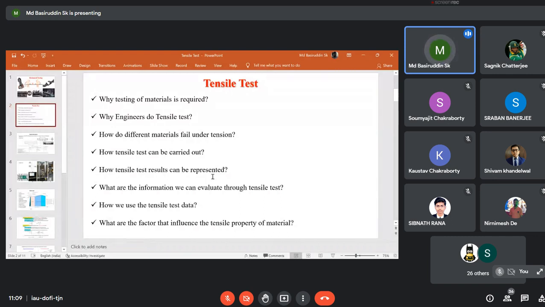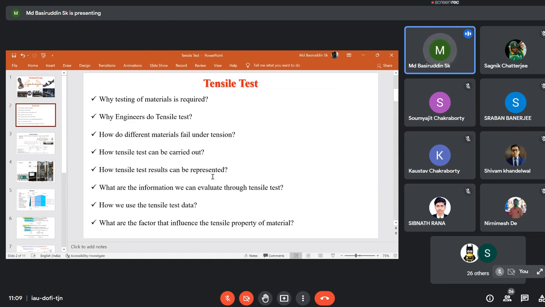Now, the tensile test. You have completed the tensile test, and now it is time to take the results. You have results with respect to time, then load, and then displacement, right?